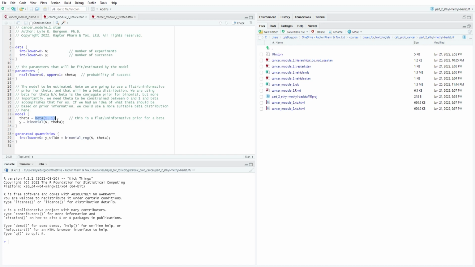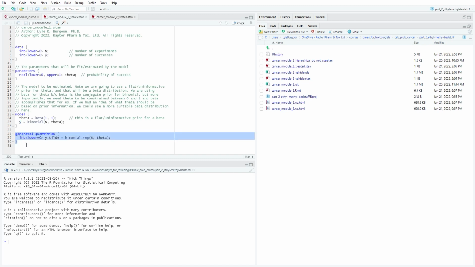If you don't remember what that is, go back and look at the previous lesson, where we talk all about that. It's really cool. Then here, we're using the binomial distribution. That is the actual model that we are using. Y is the number of successes, so we're going to fit this binomial distribution to figure out what theta best matches Y. That's essentially how you read this line.